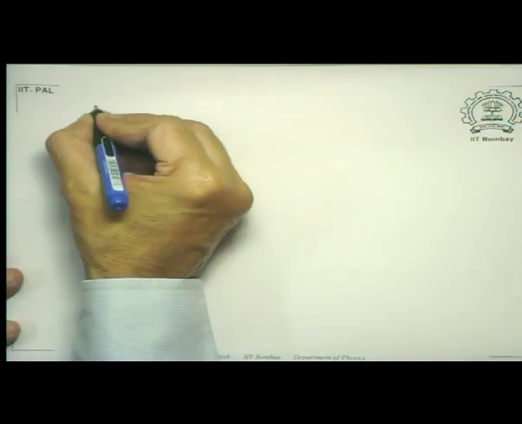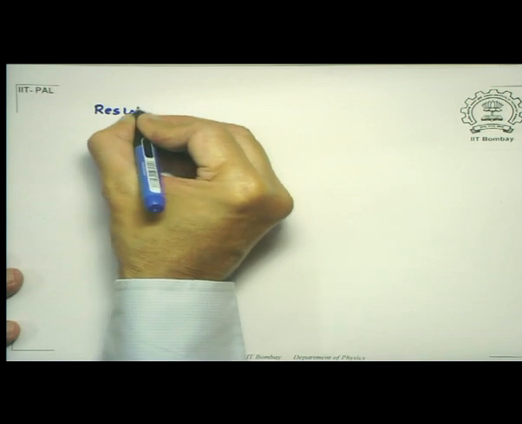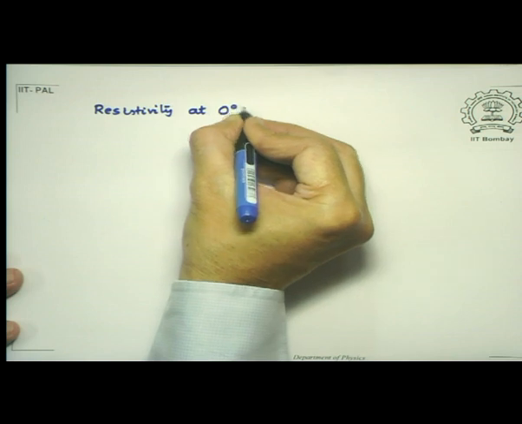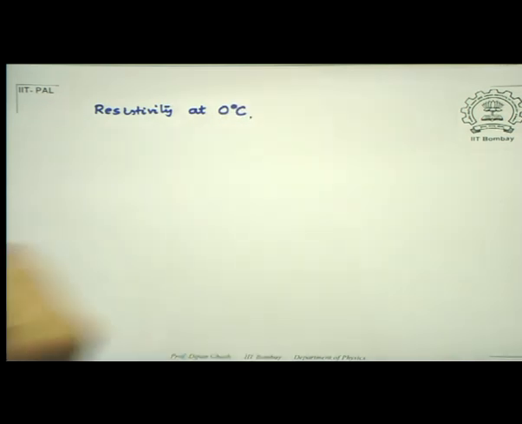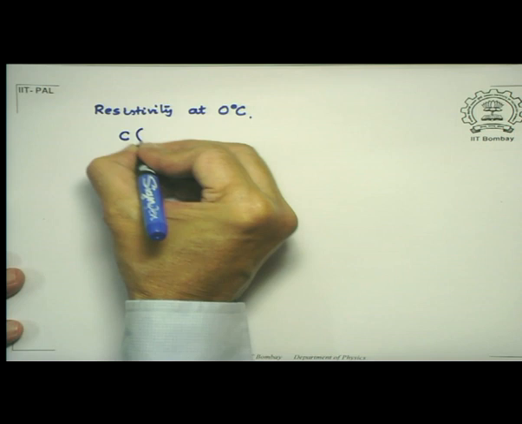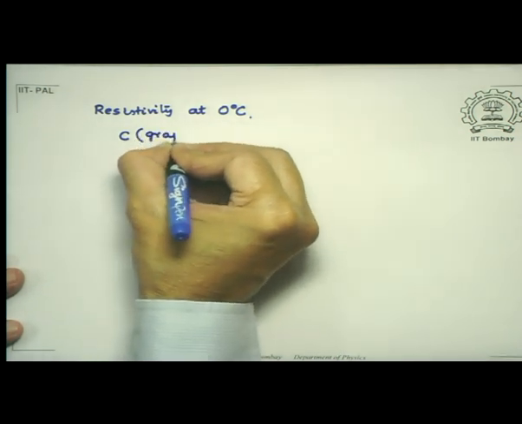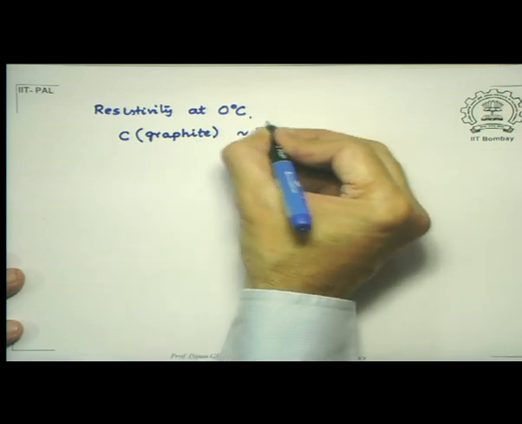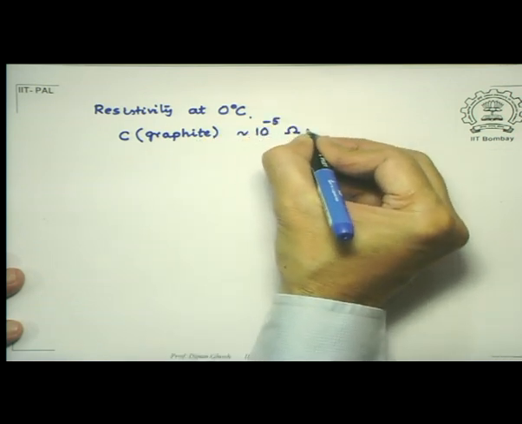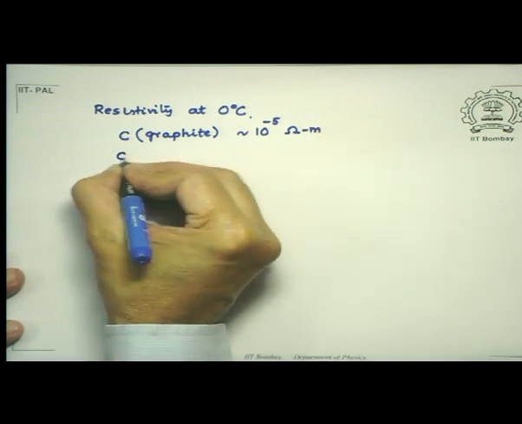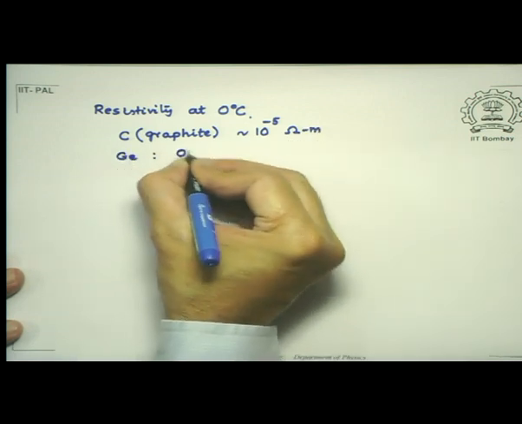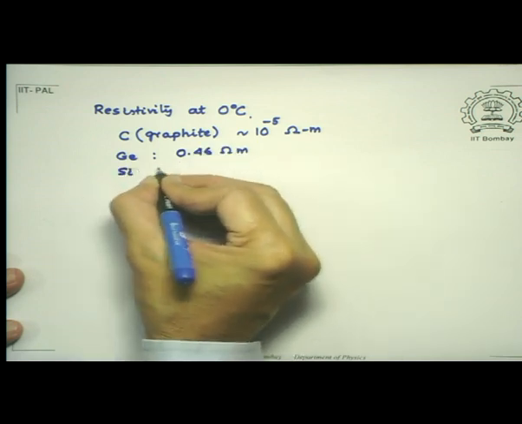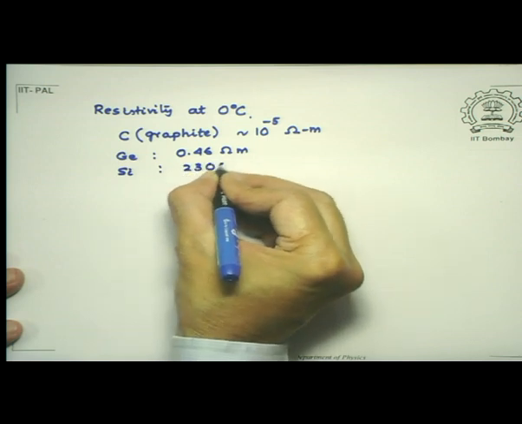For example, the resistivity at 0 degrees of carbon in the form of graphite is of the order of 10 to the power minus 5 ohm meter. Germanium is 0.46 ohm meter. Silicon 2300 ohm meter.